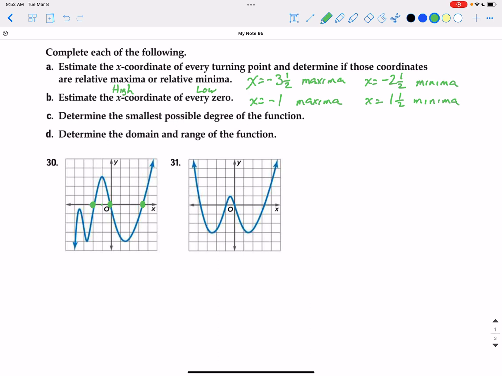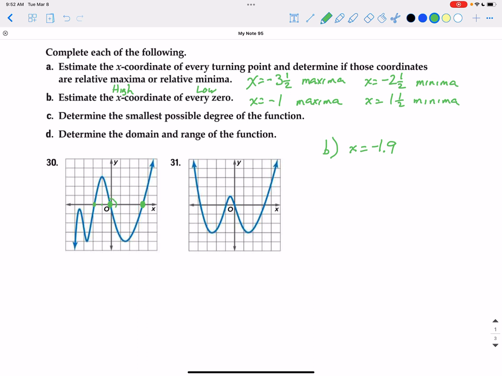The first one, this one right here that I'm highlighting, looks like it is about crossing the x-axis at just shy of negative 2. So let's just call that x equals negative 1.9. So again, this is part B. The x-coordinate of every zero would be x equal to negative 1.9 approximately.